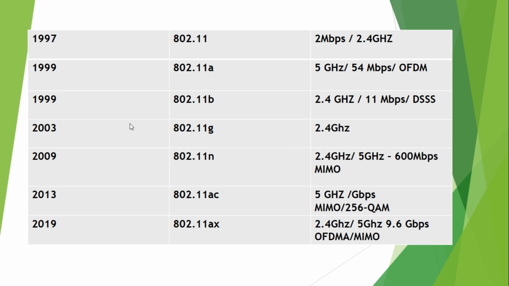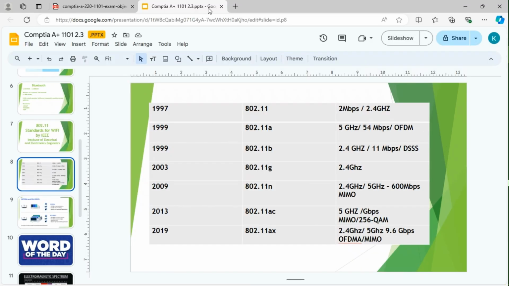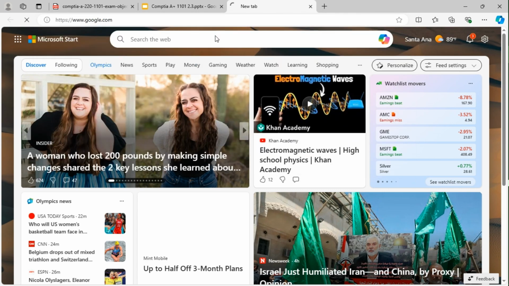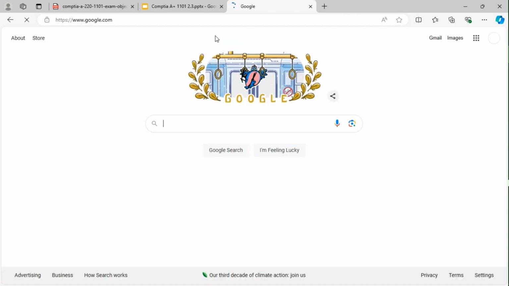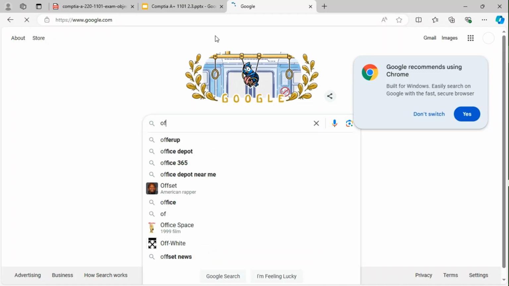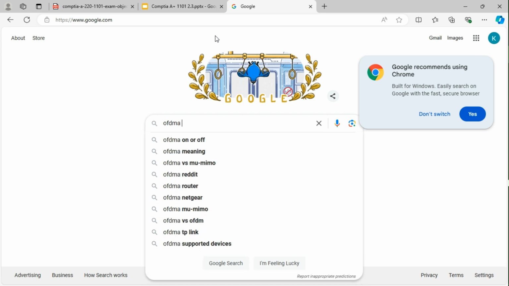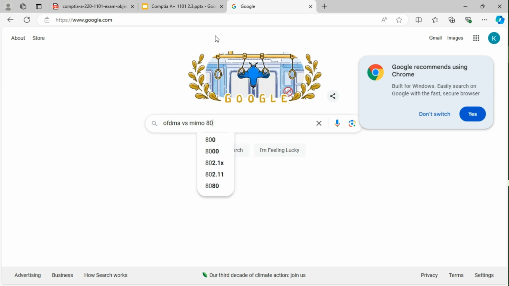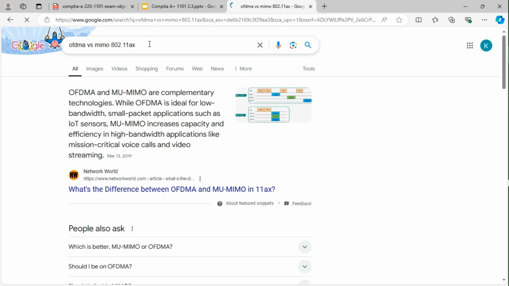Study this, and actually, let me go ahead and let's do this since we're here. Let me go to Google really quick, and let's just go. That way, you can say I didn't do it. OFDMA versus MIMO, 802.11ax. All right, let's see what's the first thing that comes up.